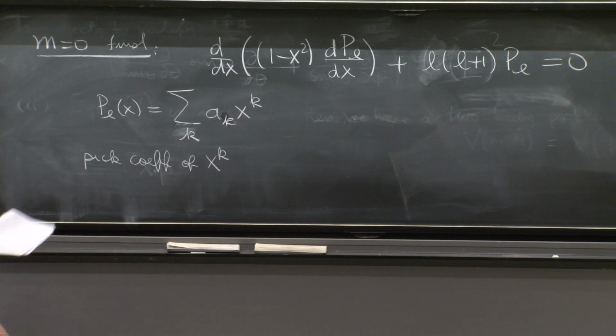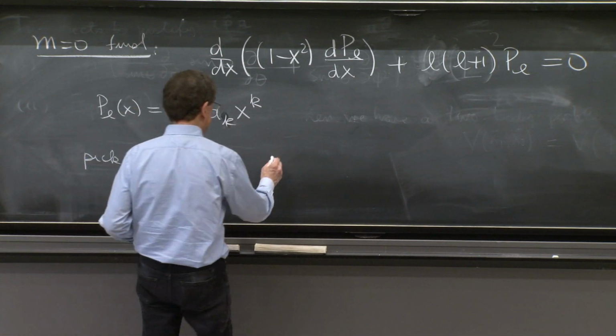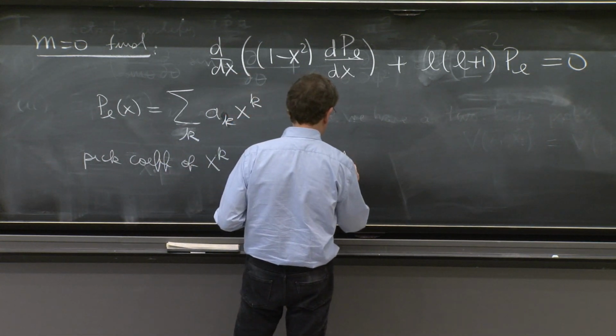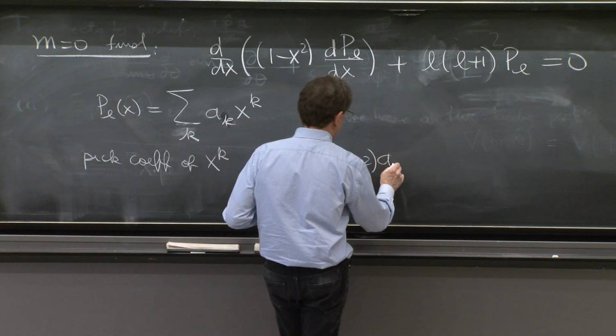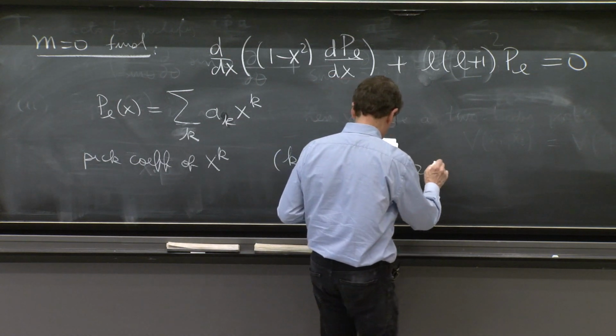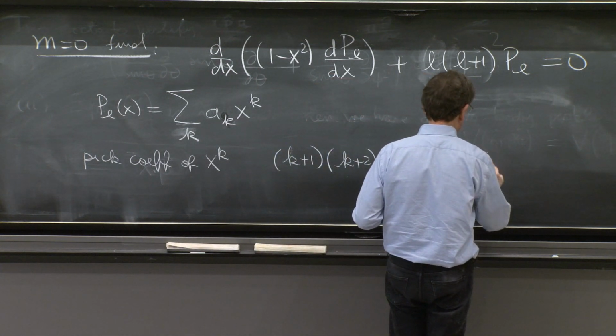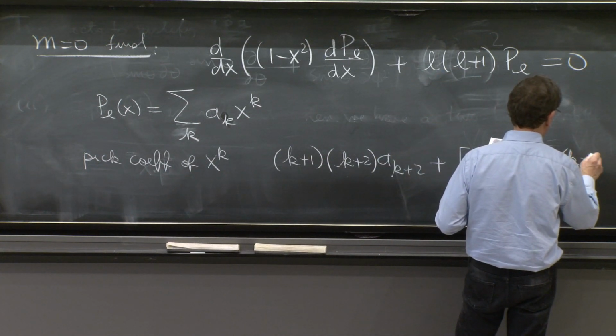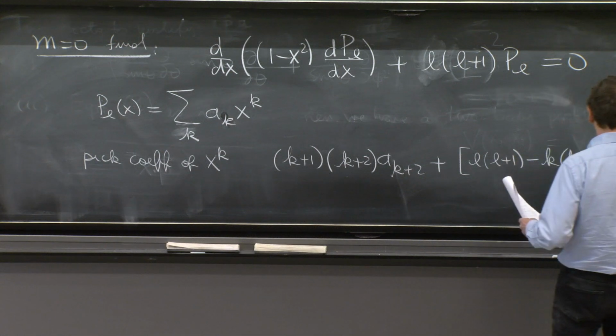And this is a simple recursion relation. This is a two-line exercise. It reads (k plus 2)(k plus 1) a_(k+2) plus (L times L plus 1 minus k times k plus 1) a_k.